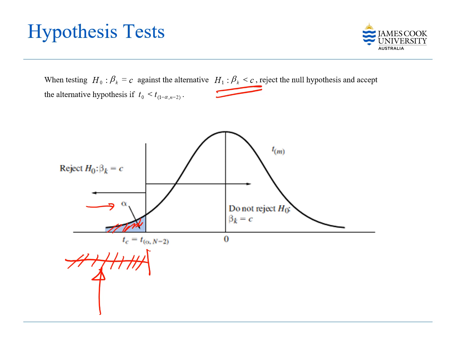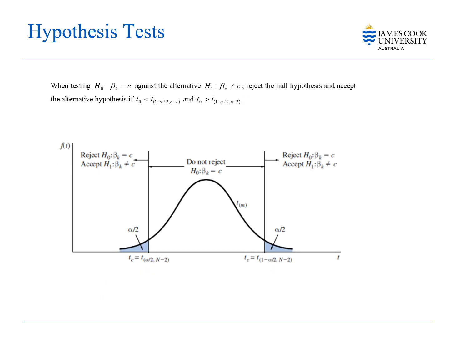If the computed t is here, then we fail to reject the null hypothesis. So that's the second alternative hypothesis. Both the first one and the second one are one-tail tests, looking at only one tail of the t distribution.